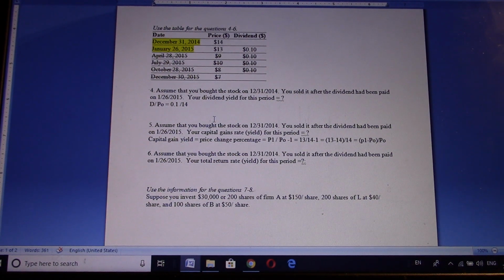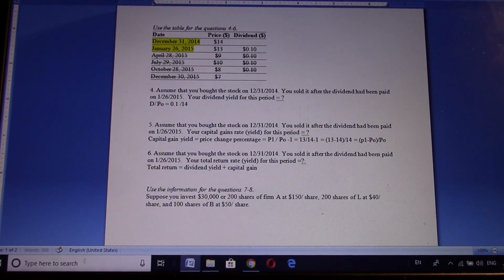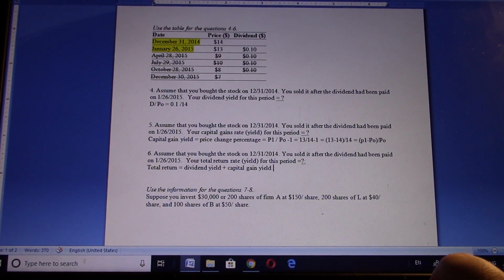So your total return should equal dividend yield plus capital gain yield. You can just add up the answers from the 2 questions you've done previously. So that's your total return.